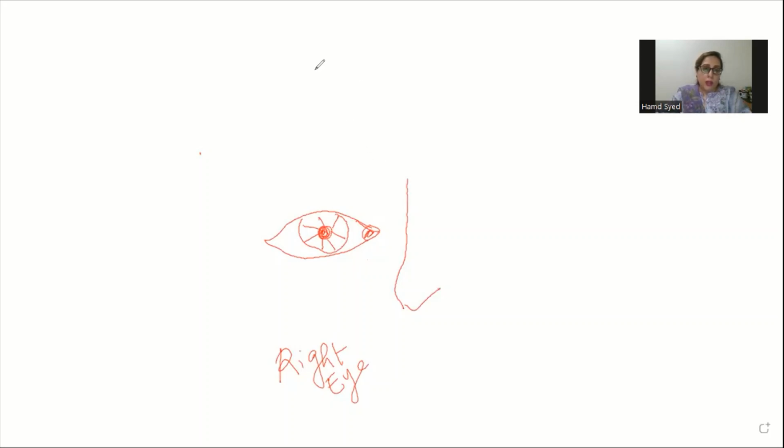Now we want to understand and also remember the actions of the muscles which are responsible for the movements of the eyeball.